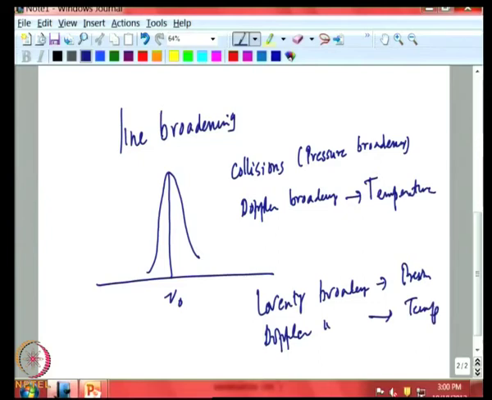In most of the situations that we encounter, both in engineering and in atmospheric sciences, especially near the ground, the Doppler broadening is not that important.